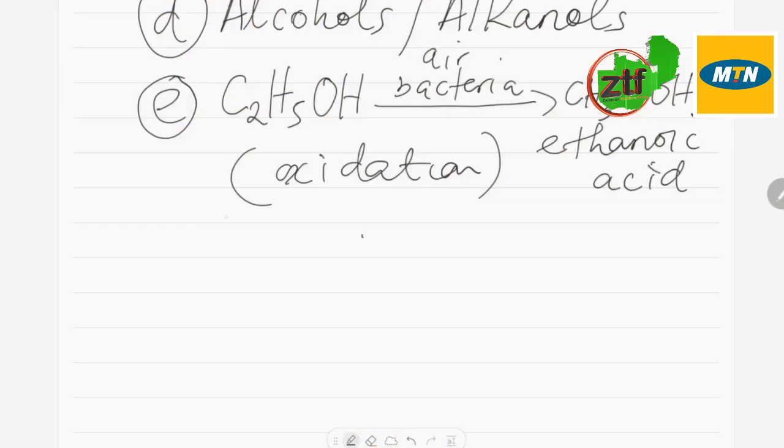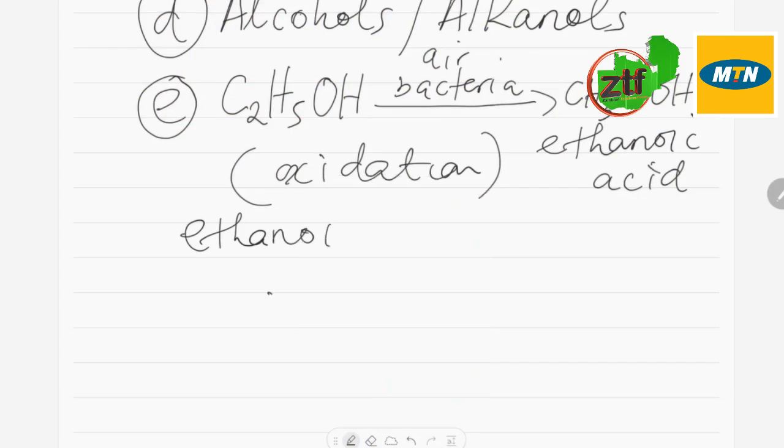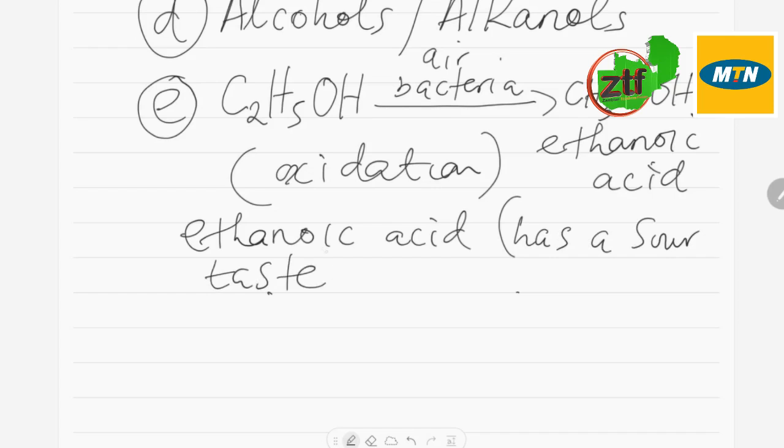So we can write, ethanoic acid has a sour taste. So that's why it tastes sour, because it is converted to ethanoic acid.